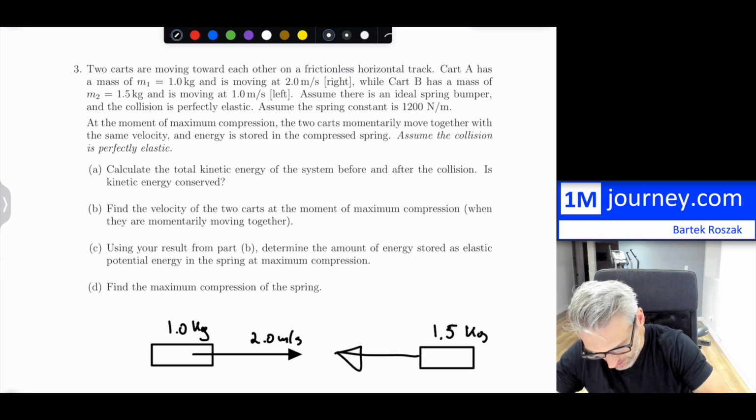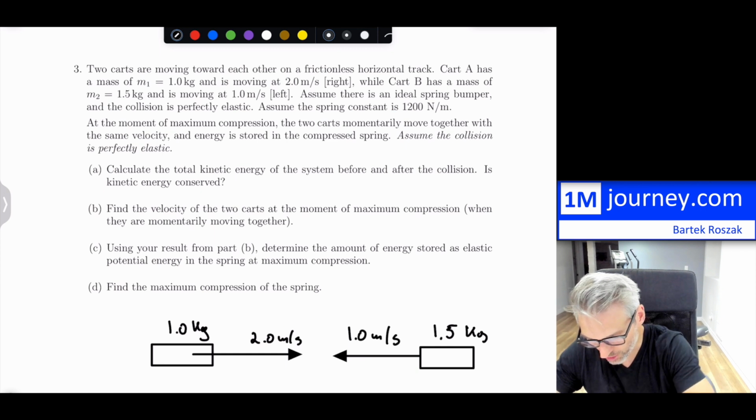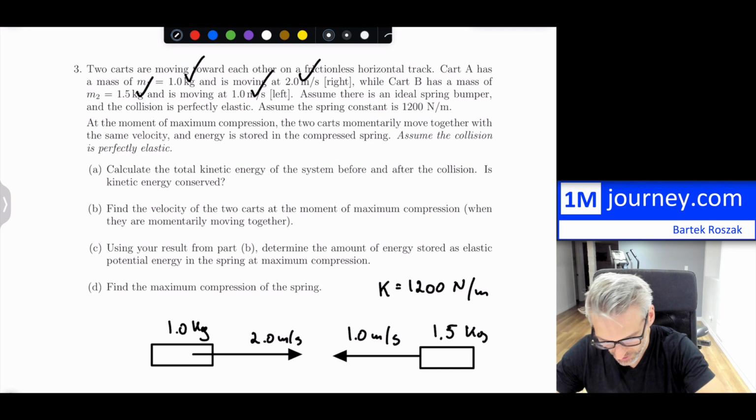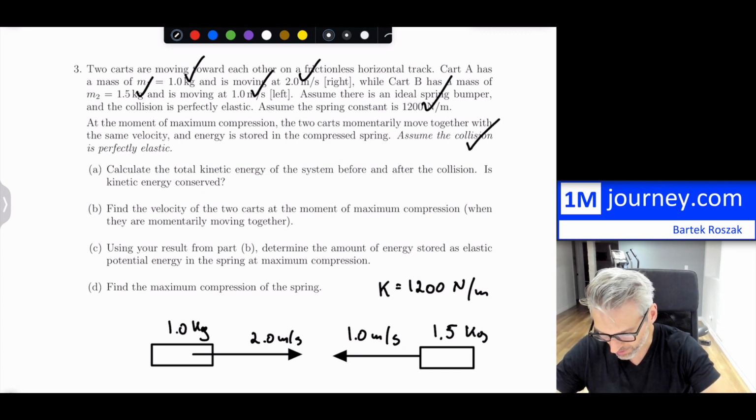This one is moving to the left, and it is moving at 1 meter per second. So those are all of these pieces of information. We have a spring constant, so k is 1200 newtons per meter. So that's that information. We know that it's perfectly elastic. They mentioned that a couple of times.